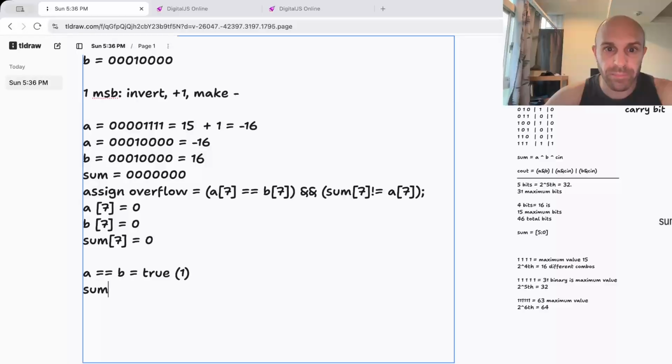Is sum and A not equal? That's 0 is not equal to 0. That's false. Is 0 not equal to 0? False.